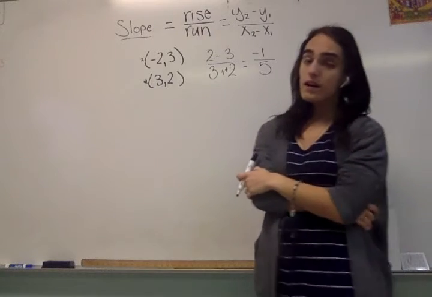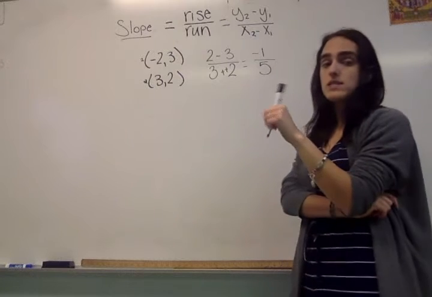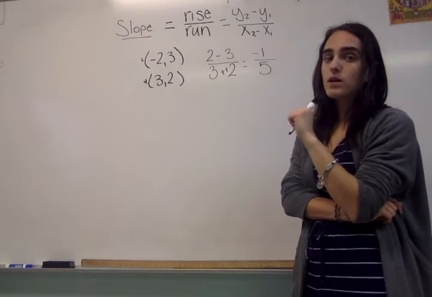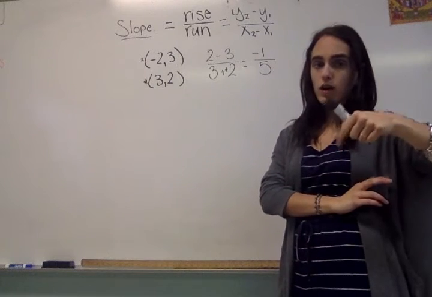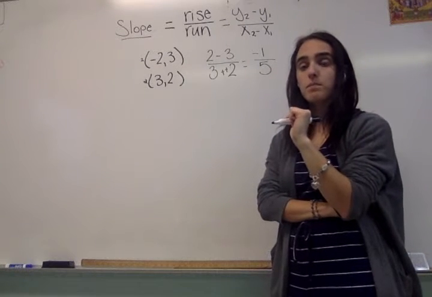Well, looks like I have to deal with negatives, which means I have a negative slope. I have a negative 1 over 5 as my slope, which means I go down 1 and to the right 5 between every single point.